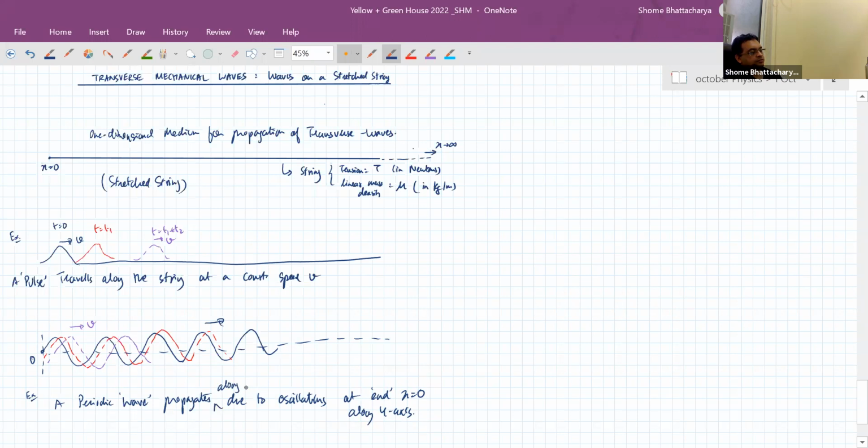So this wave propagates along the x-axis. This is our x-axis. This is our y-axis. Whereas medium particles oscillate along the y-axis.